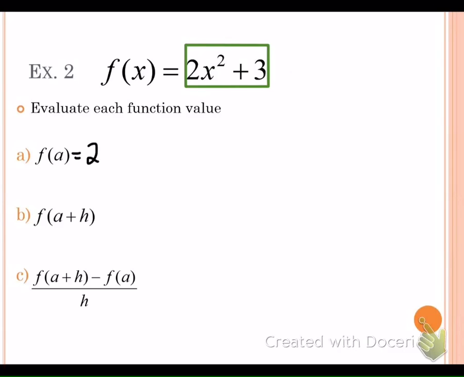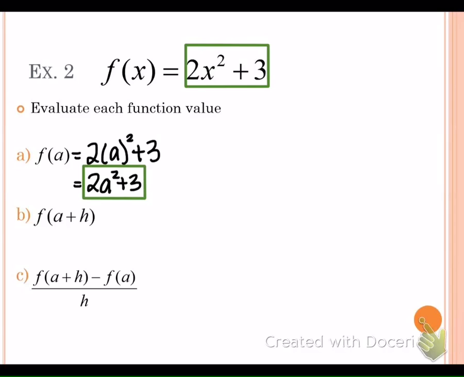This will give me 2 times a squared plus 3, which is going to just be 2a squared plus 3. So that's our first example here. Easy enough.